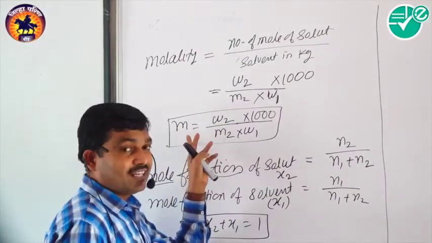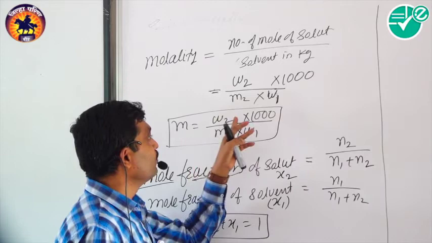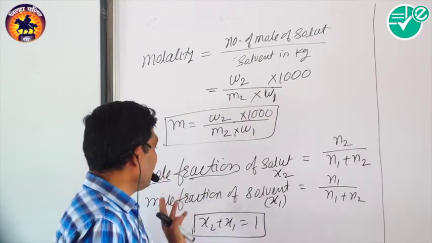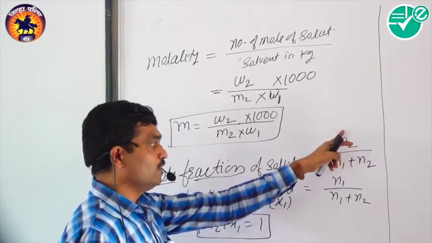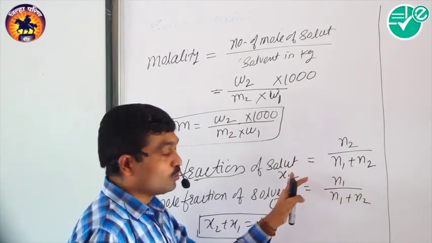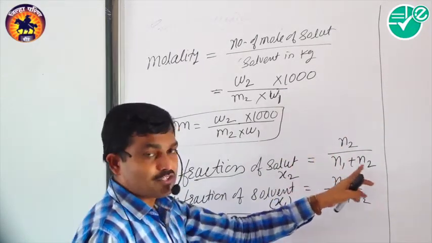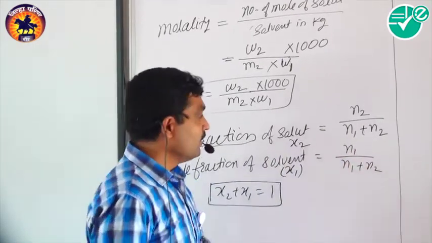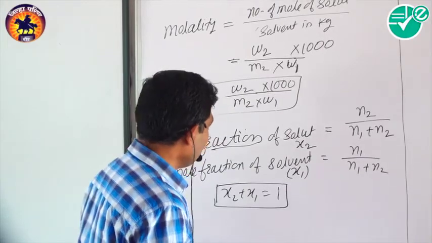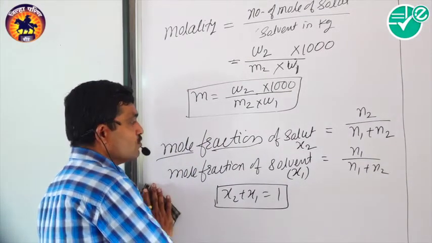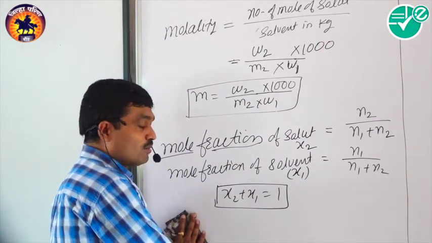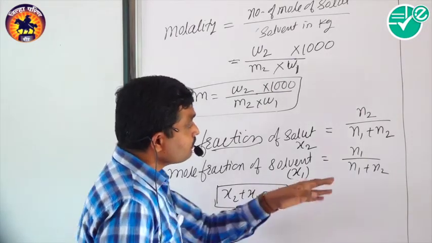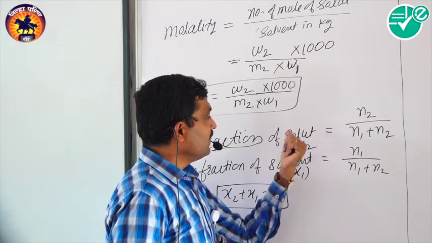Look again: molality is equal to W2 into 1000 divided by M2 into W1. The mole fraction of the solute is N2 divided by N1 plus N2, and the mole fraction of the solvent is N1 divided by N1 plus N2. N1 and N2 are the number of moles of the solvent and the solute.